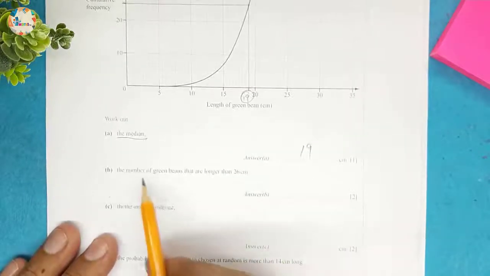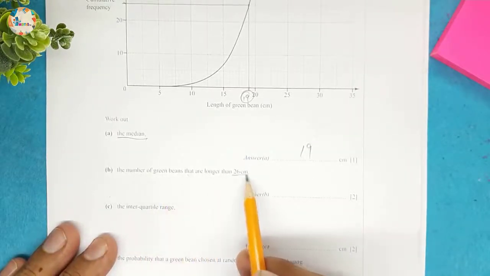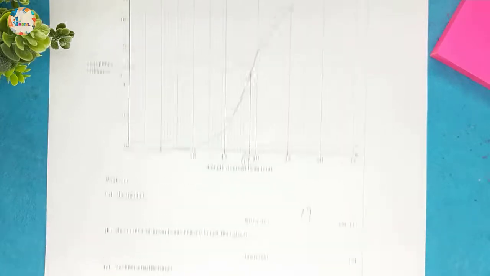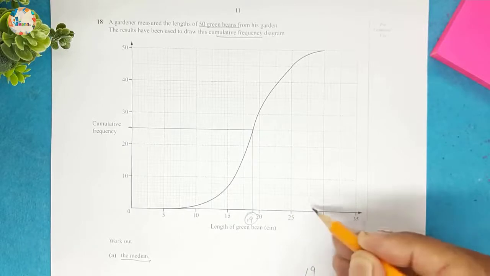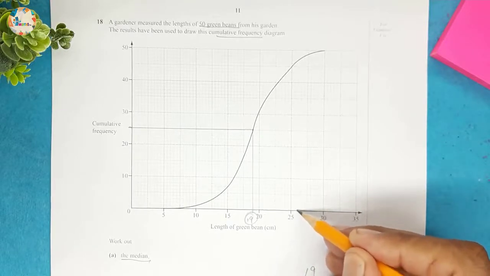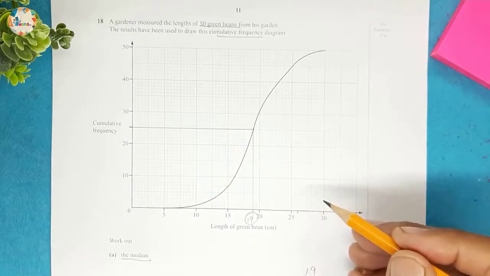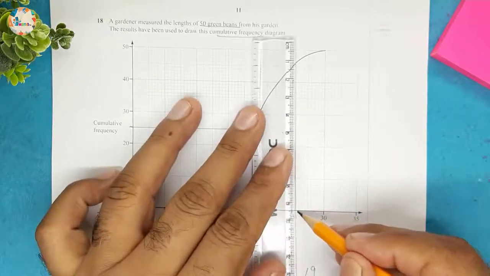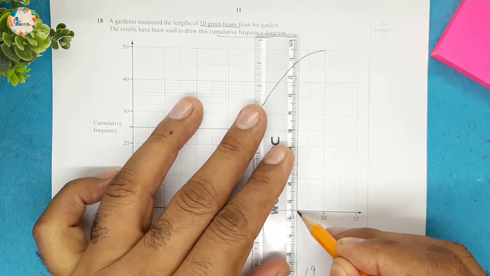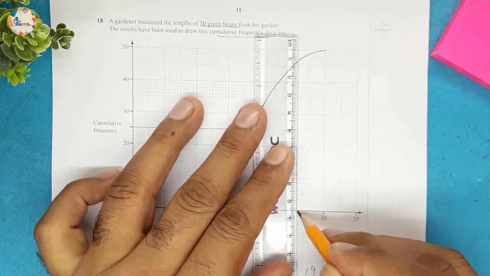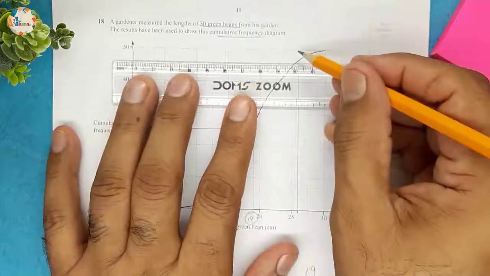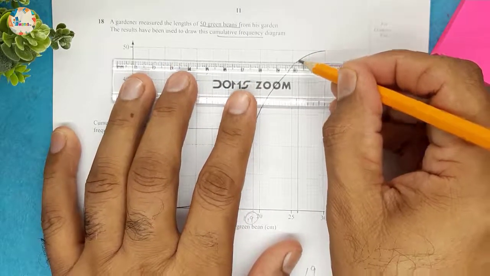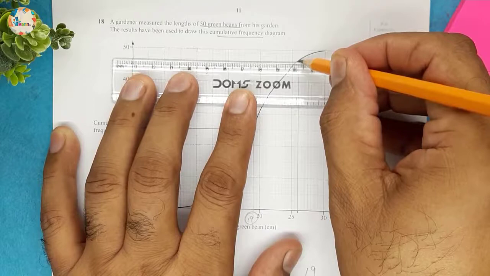And then the B part, the number of green beans that are longer than 26 centimeters. So longer than 26 centimeters, this is 25, and this is basically 26. So from here we can check the reference. For 26, we can draw the line for this reference, and similarly we can check from this side as well.